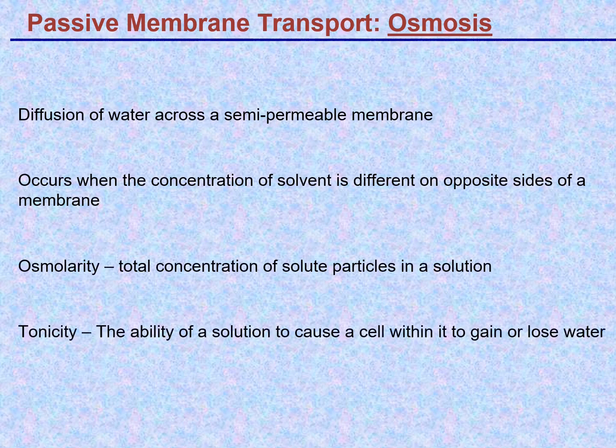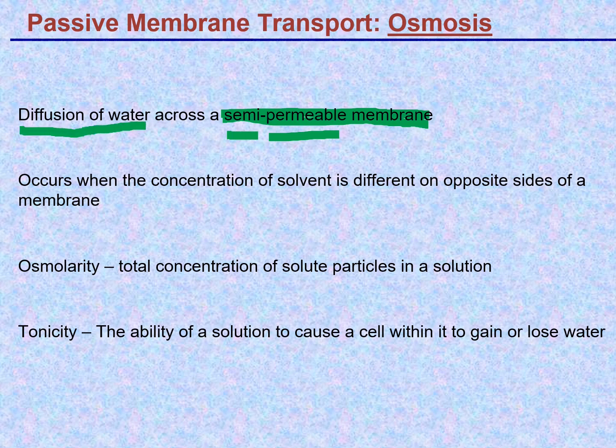A special kind of passive transport involves the diffusion of water across the semi-permeable membrane of the cell. The cell membrane is semi-permeable. It's not permeable to everything. It is semi-permeable, and diffusion of water occurs quite easily.